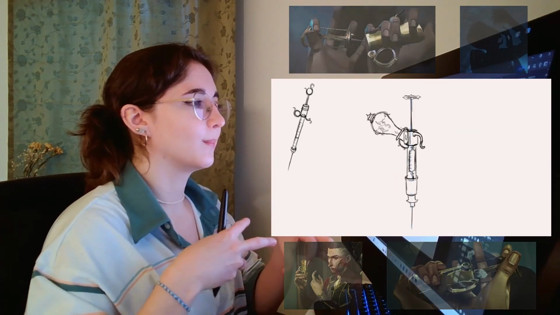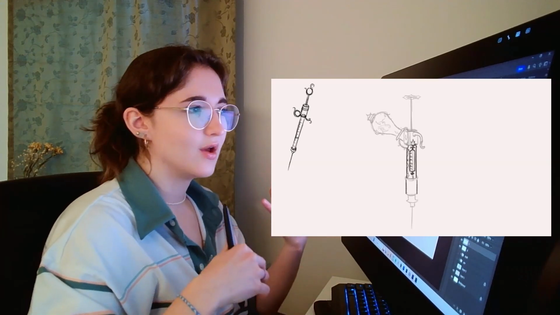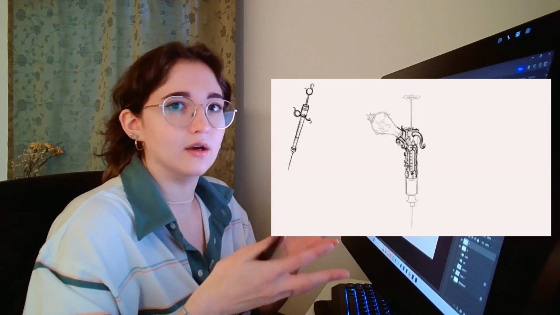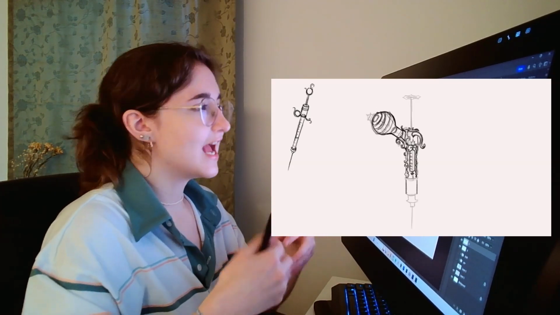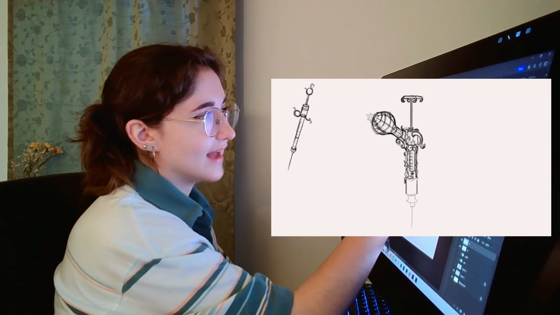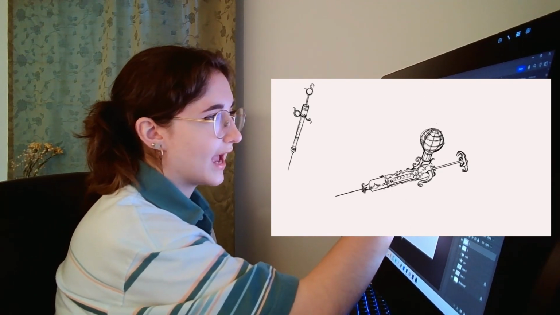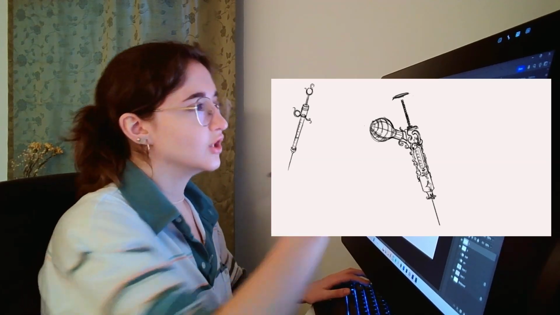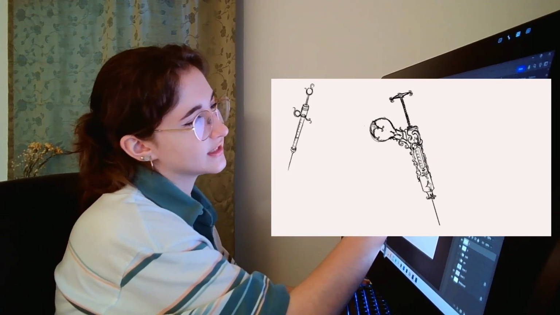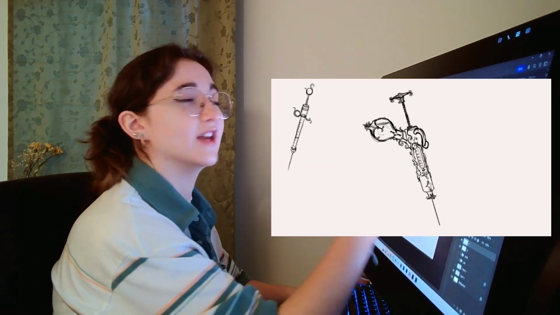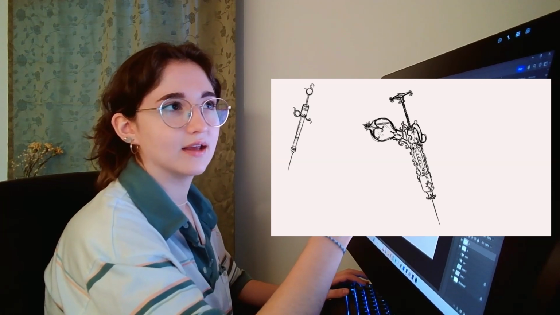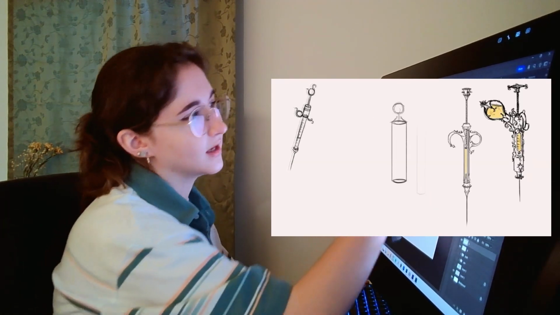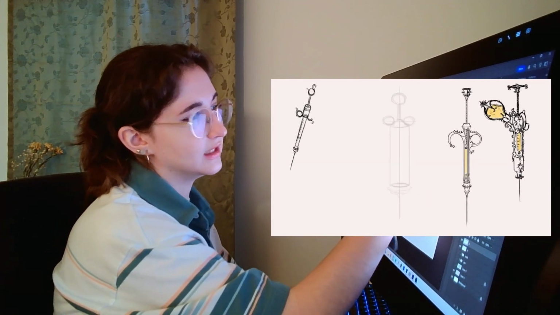So I really want to push the shape and the idea of how the needle functions. I'm going to be focusing on that, and also taking a look at how godly items look, like different weapons they use, or staffs and stuff, and then also vials and potion bottles, because those really resemble needles as well.